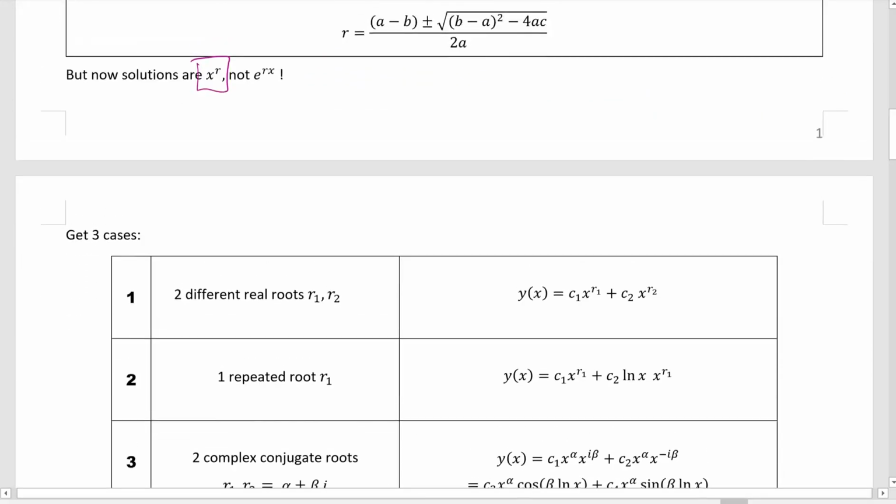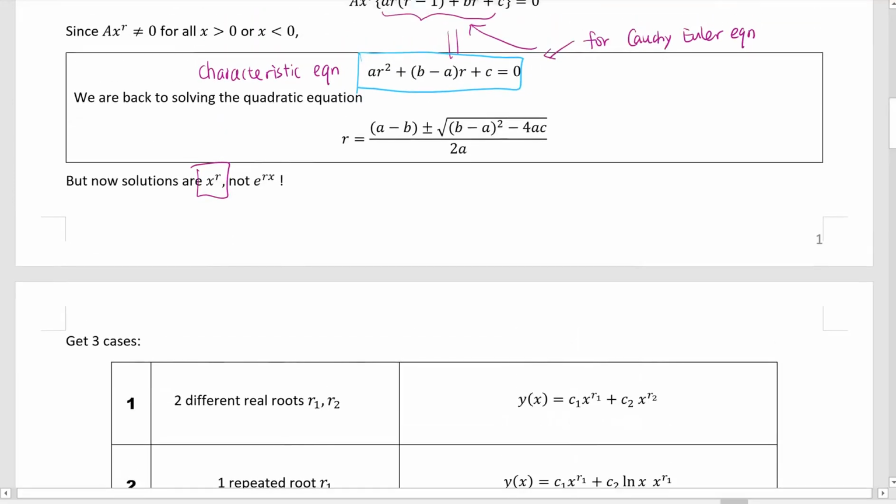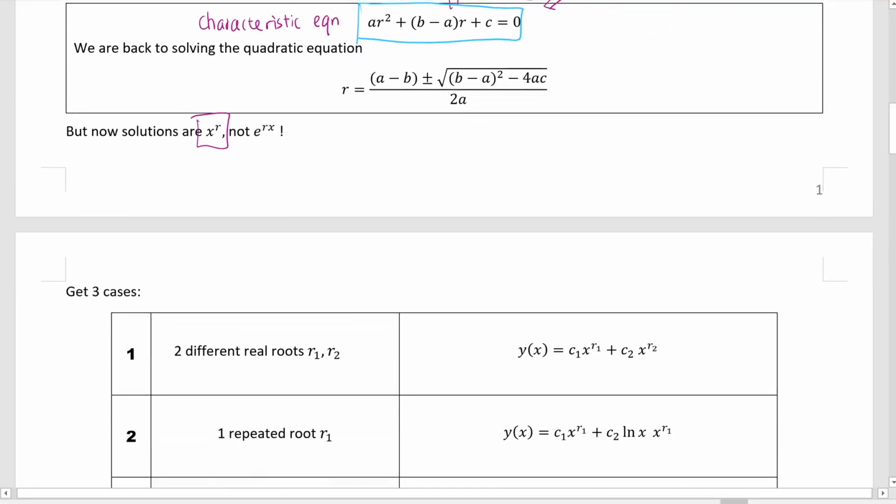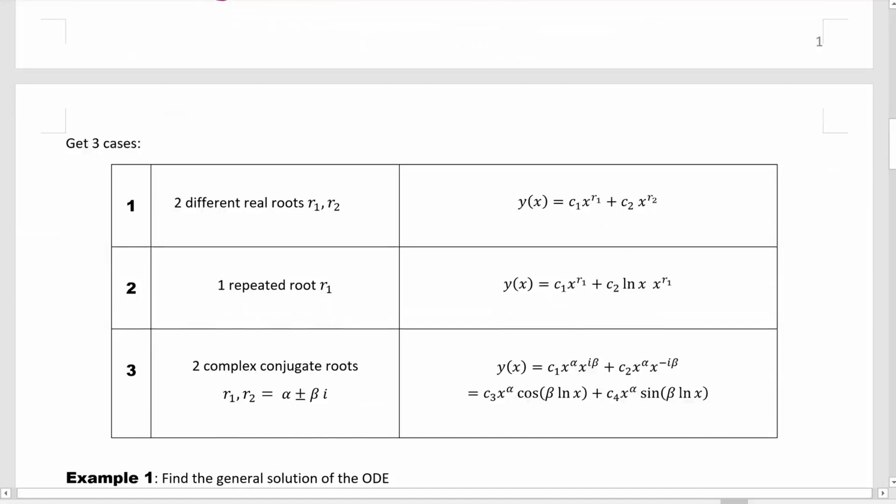If we use this concept, we can write out our solution.